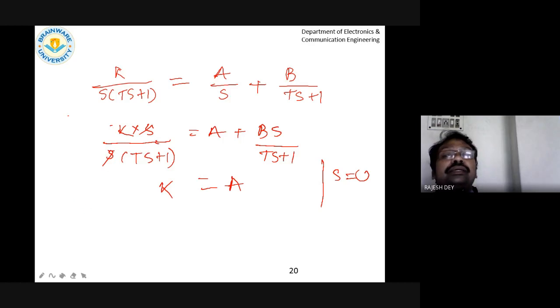Apply Ts plus 1. What is the denominator? Ts plus 1. Multiply each function with Ts plus 1. What will be the right hand side when multiplying with Ts plus 1?